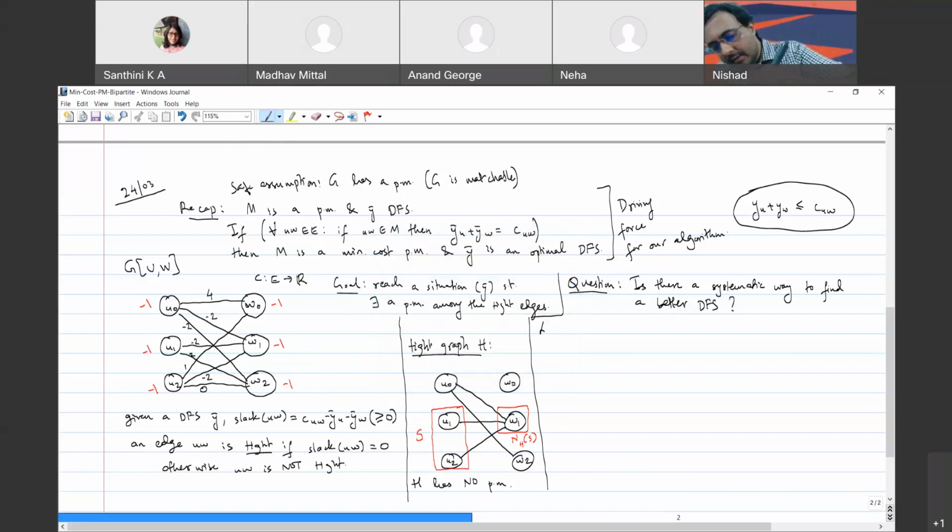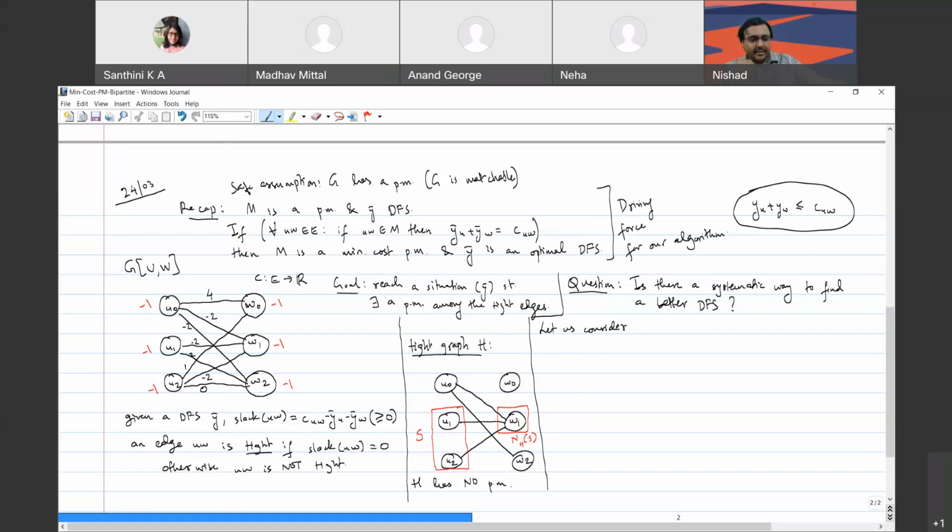So let us consider a certain edge set. What are the edges that I should look at? Anyone in the call? What are the edges we should look at? Any ideas?